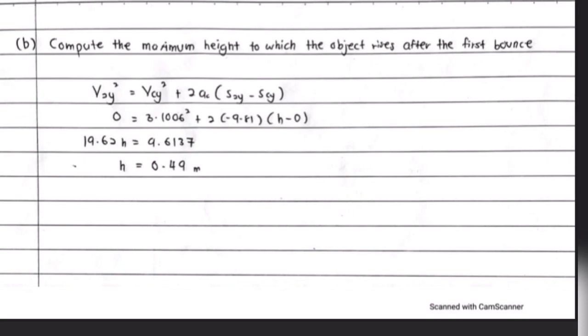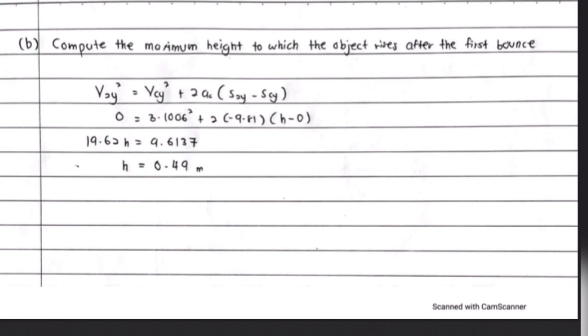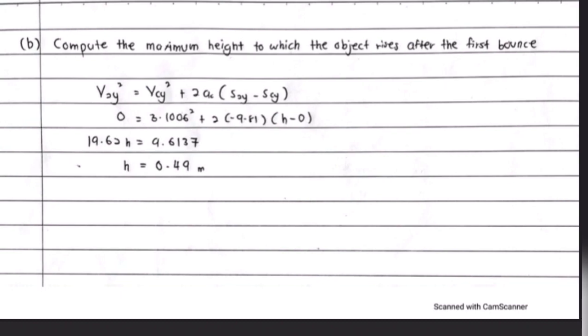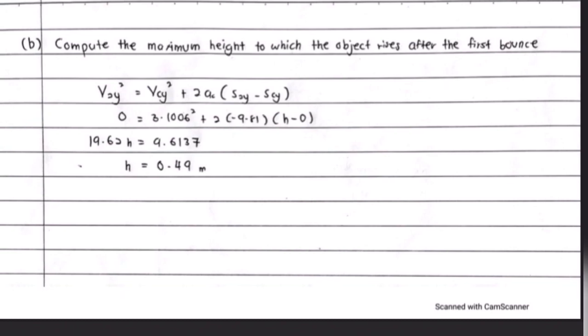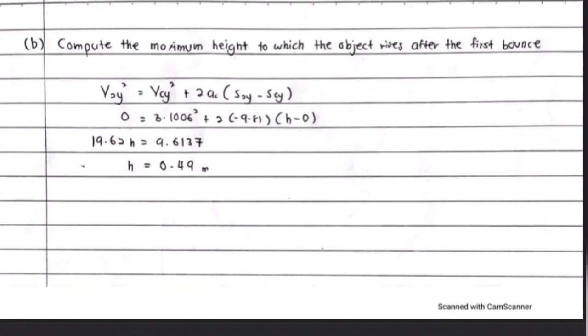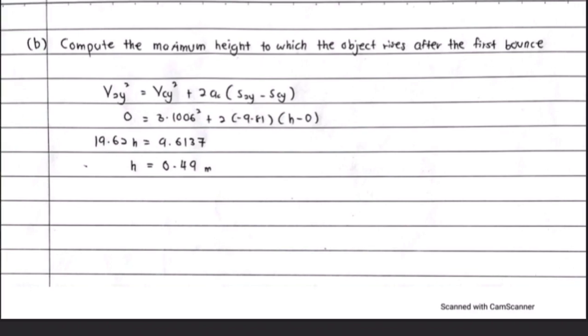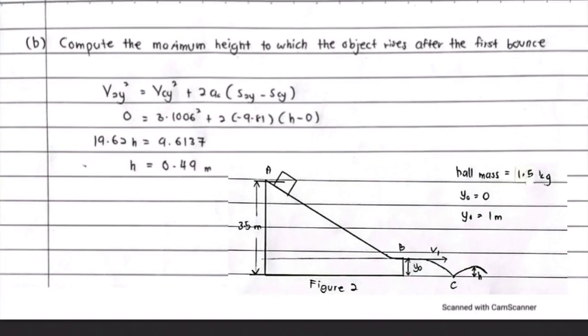So we proceed to question B. Question B is to compute the maximum height to which the object rises after the first bounce. This means we need to find the h in figure 2. As we know, the v2y value is 0 at the top.